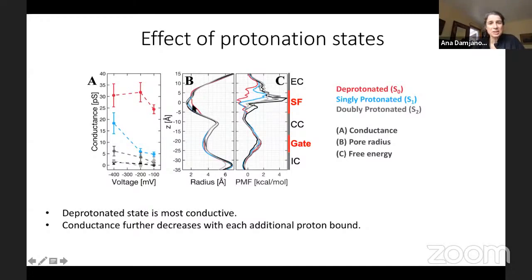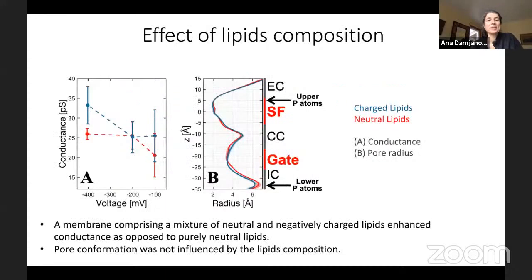There is some change for the selectivity filter, and this is the potential of mean force. So the conductance really decreases with each proton bound, and this is what we expected, because there were experiments that showed decreased conductance with the lowering of pH.